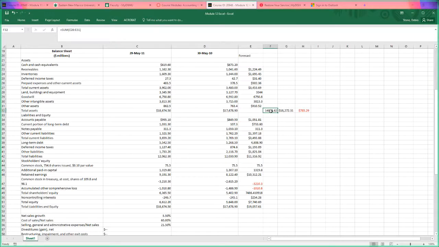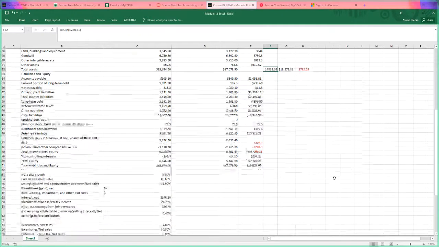I'm getting the assets in addition to the current assets. It's 14,818.62. I just put this over here for my calculations. And then this one is that plus the current assets. Then I take that number and subtract it from the total liabilities and equity, and I get the cash plug number, 785.29. I'm not putting this here because it's going to wreck the formulas that I did, but that's how I figured it out. So you plug the cash after you do all the others.